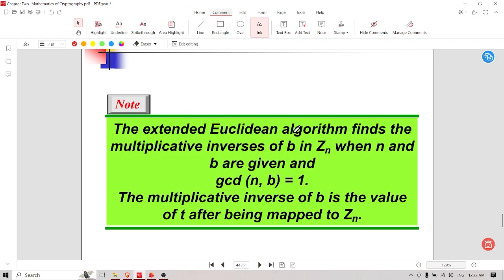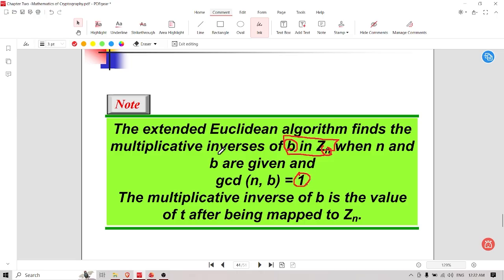Now we have the extended Euclidean algorithm, which finds the multiplicative inverse of b in Zn when n and b are given, and the GCD of n and b is equal to 1.